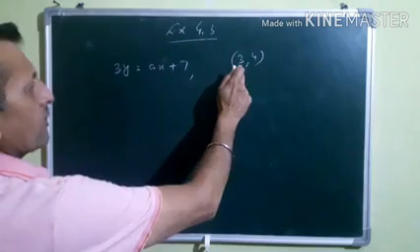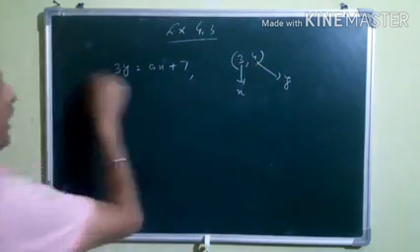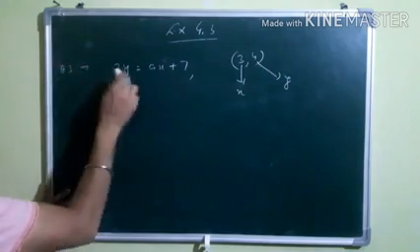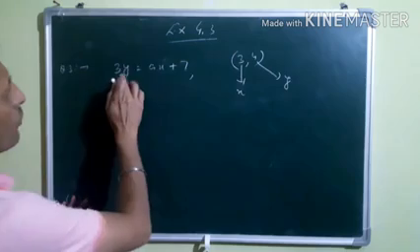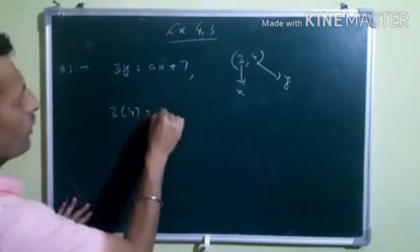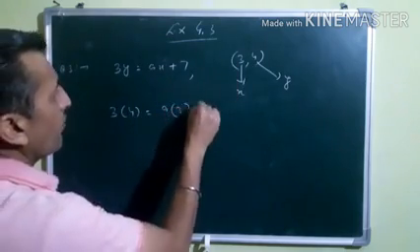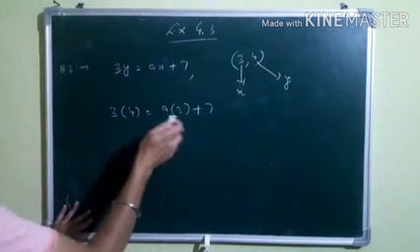So it means this is the value for x and this is the value for y. Now I am going to substitute these values in this equation: x is equal to 3 and y is equal to 4. So that means 3 into 4 is equal to a into 3 plus 7. Now you have to find the value of a.